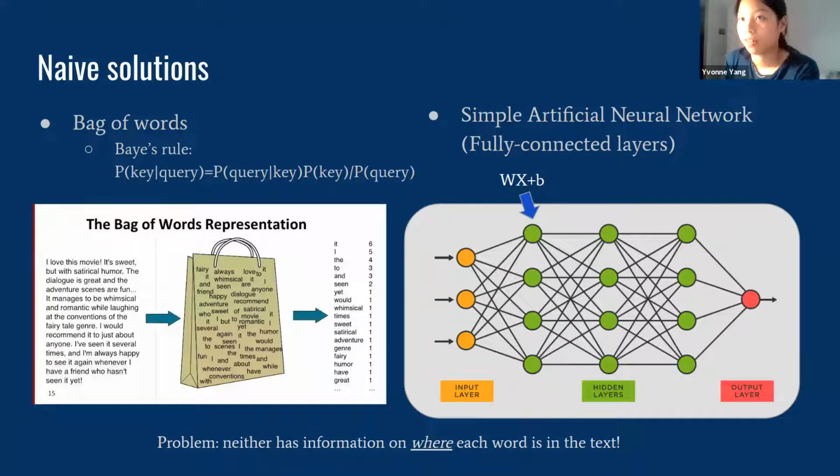Because of the way your fully connected layers are built, they're just linear functions plus an activation function, and a composition of that. So you can actually just switch around the neurons and switch around the input vectors, and it wouldn't make any difference to the output. So there's also a loss of positional information.